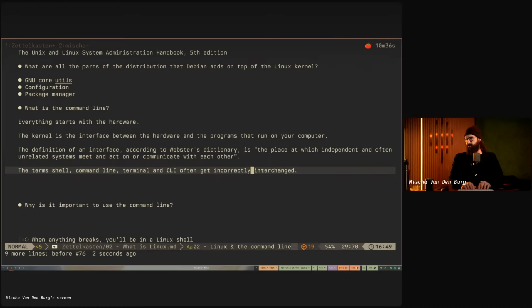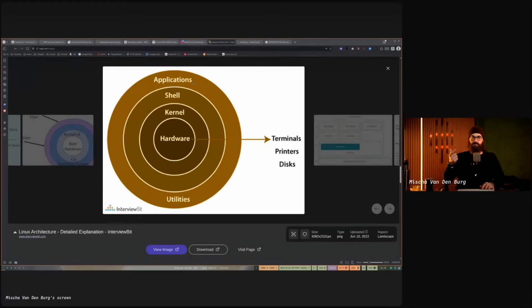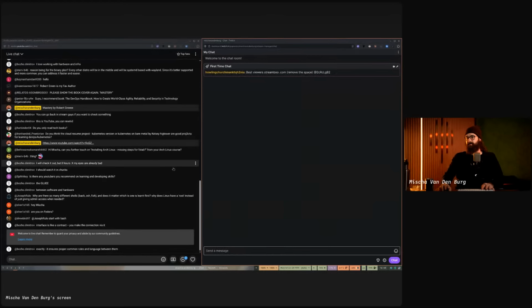So the shell, the terminal, the command line, all of those are not the same, okay? And I'm going deep here because that's what these streams are for. And it's important to me that you understand this.